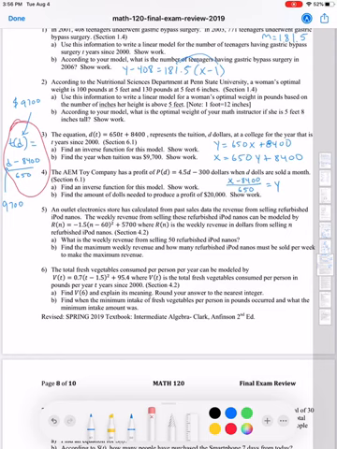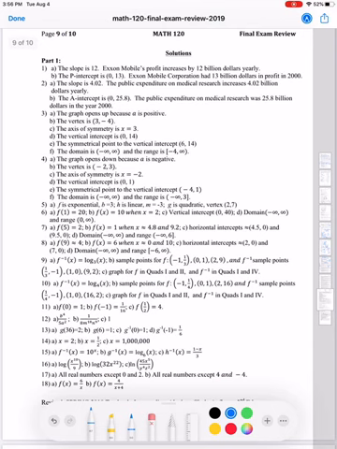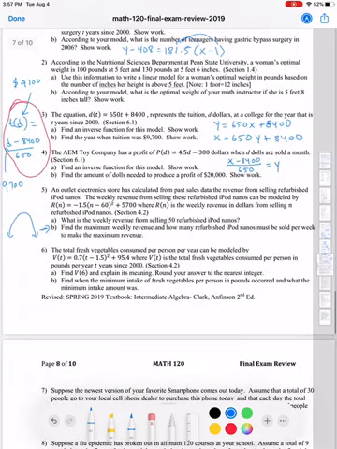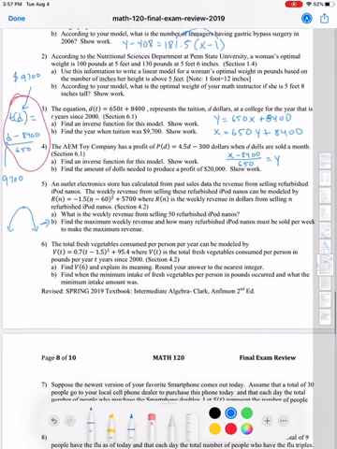For B, it's going to ask for the maximum weekly revenue. To find the maximum weekly revenue, well, this is a concave down parabola. The maximum revenue is going to be that point right there, which we call the vertex.